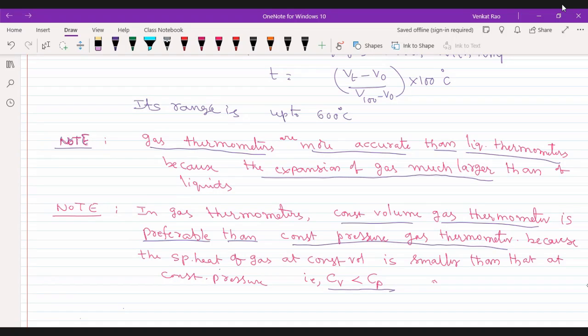That is called sublimation. The temperature at which that happens is called sublimation point. That also varies with pressure. This melting point, boiling point, and sublimation point vary with pressure.